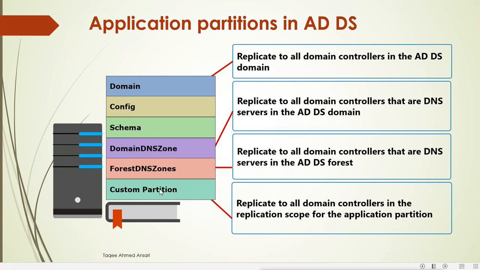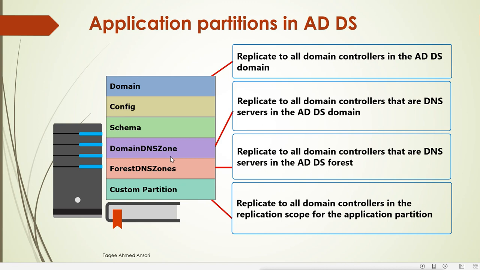The domain partition replicates to all the domain controllers in the Active Directory domain. The config partition contains the configuration information about the Active Directory domain or forest. And the schema partition contains the whole schema of the Active Directory forest. These are the different partitions here. With these partitions we have the DNS zones also.